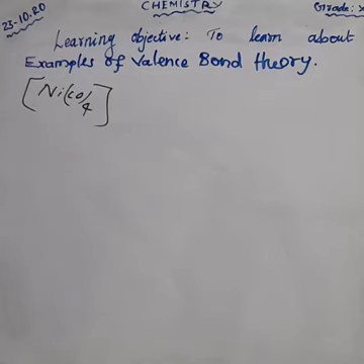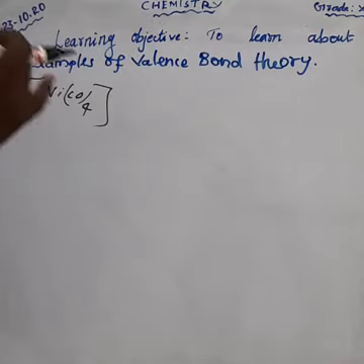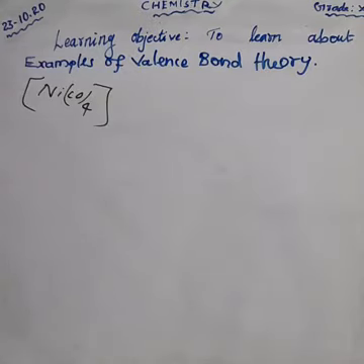These are the topics we are going to discuss by means of this complex: the nature of ligand, hybridization, coordination number, geometry, magnetic property, and magnetic moment, using this VB theory, that is valence bond theory.